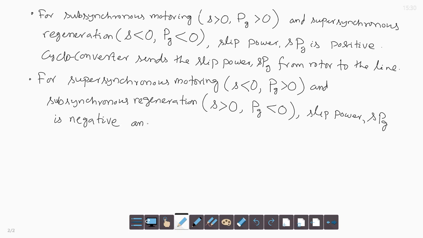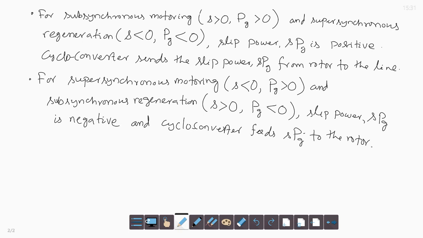and the cycloconverter feeds slip power SPG to the rotor circuit.